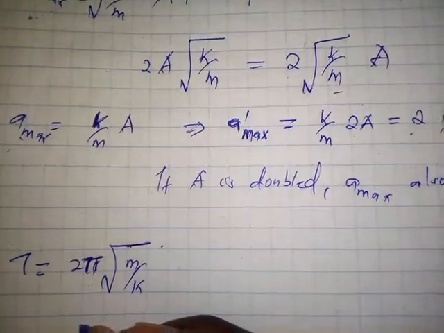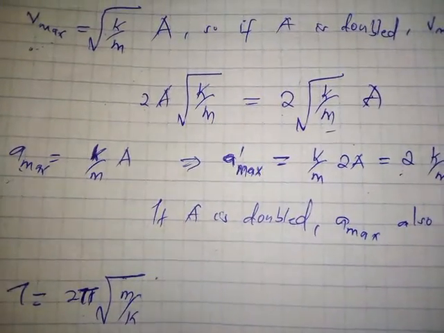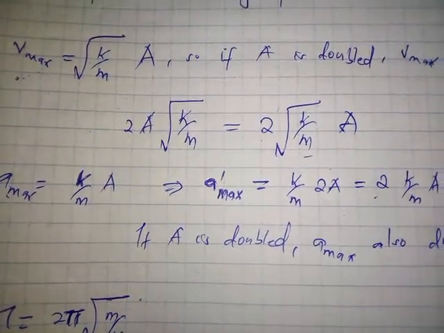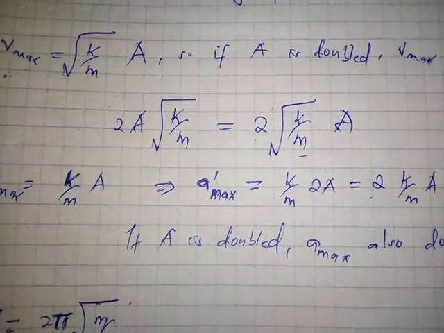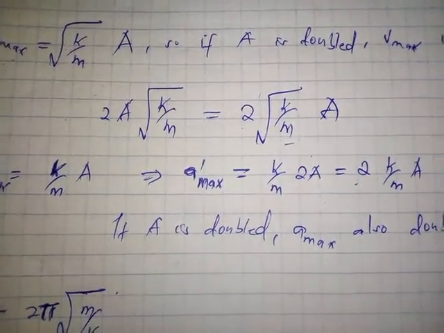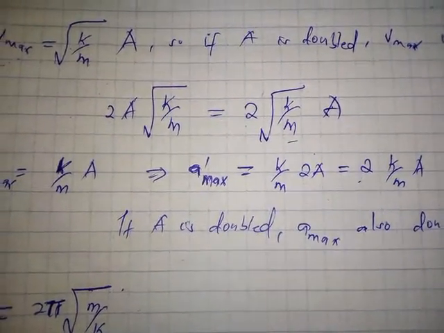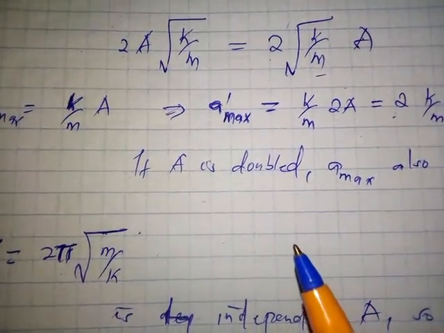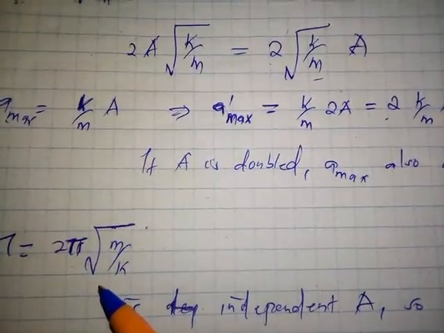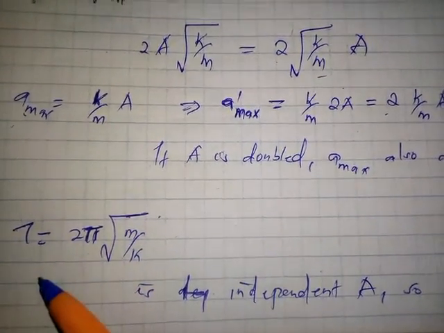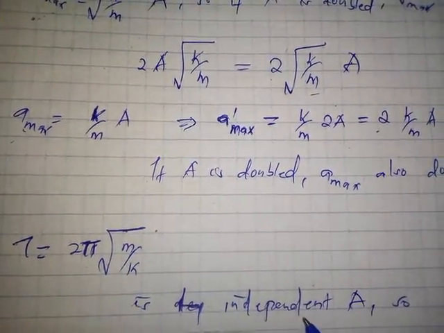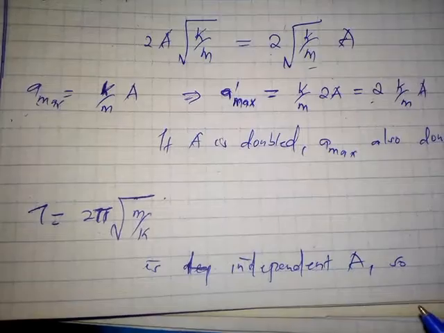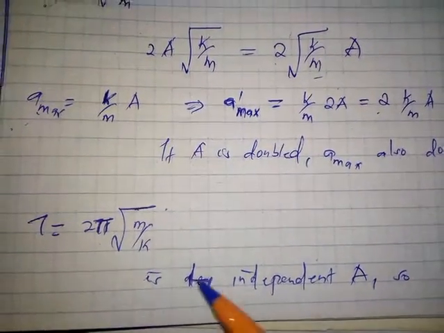So the period T is independent of the amplitude A. T does not depend on A. So if the amplitude changes, even if it's halved or doubled, it does not affect the period.